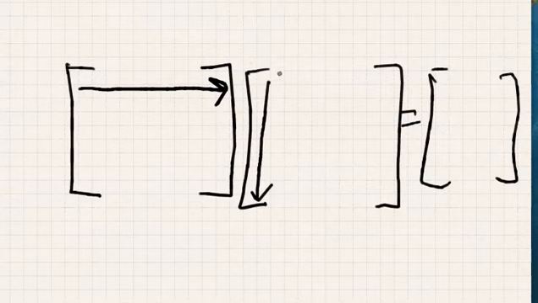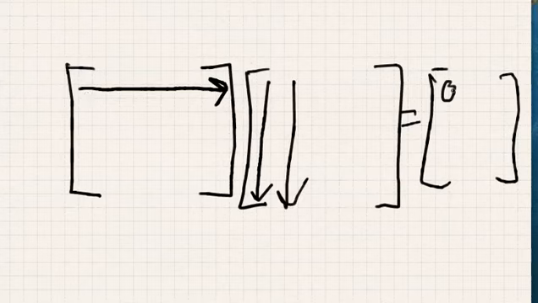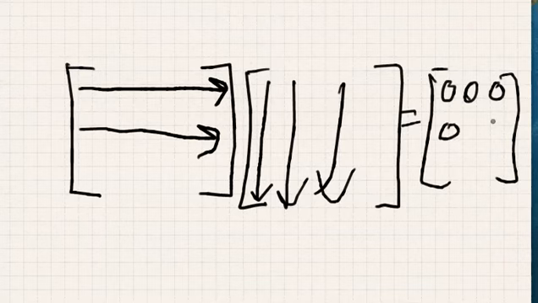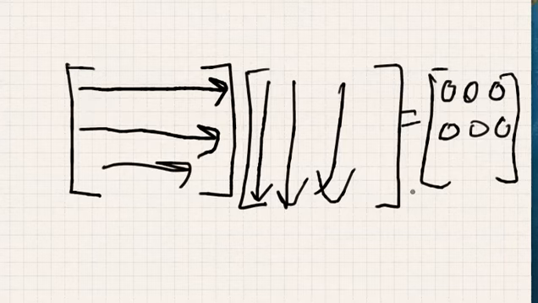So across the top row and the first column gives me this. Across the first row and the second column gives me this spot. Across the first row and the third column will give me this. Then I go to the second row. The second row down the first column gives me this. The second row down the second column gives me this. The second row down the third column gives me this, etc. And I kind of just use that to keep track of what I am doing.